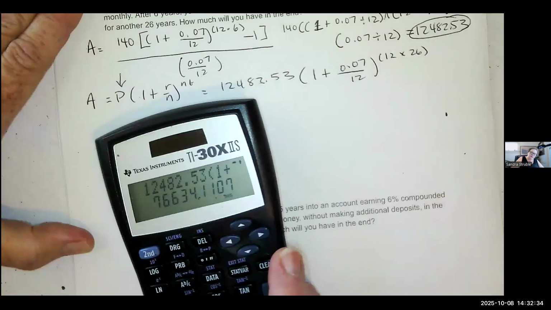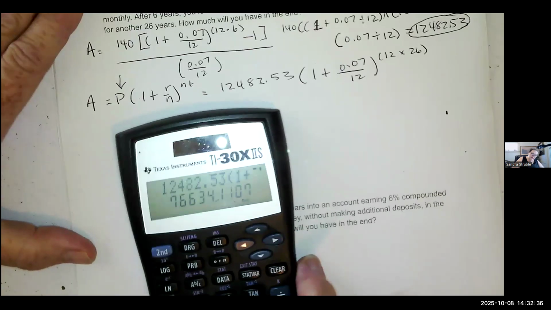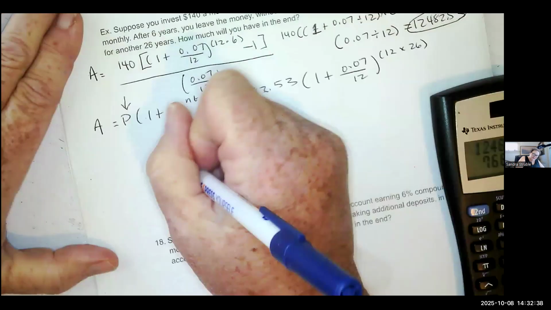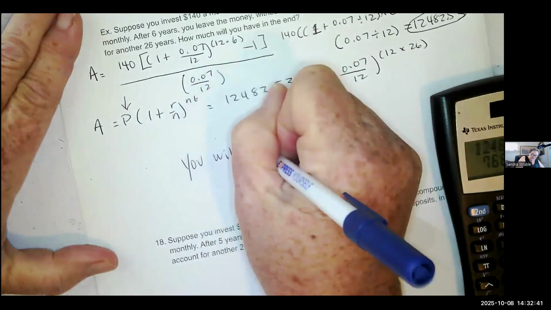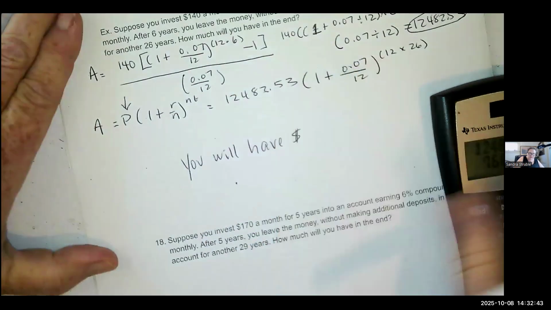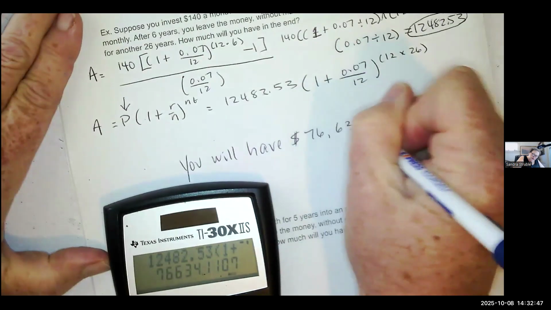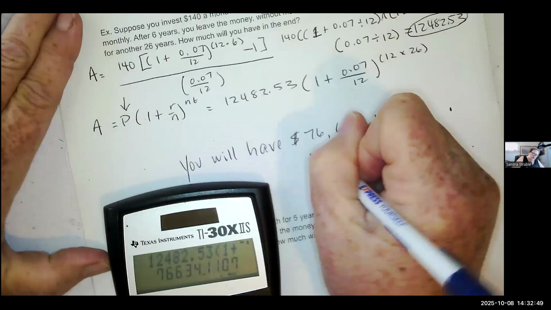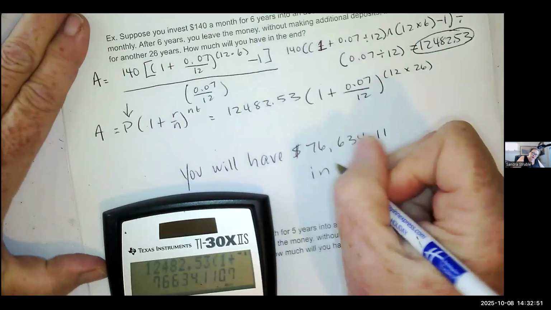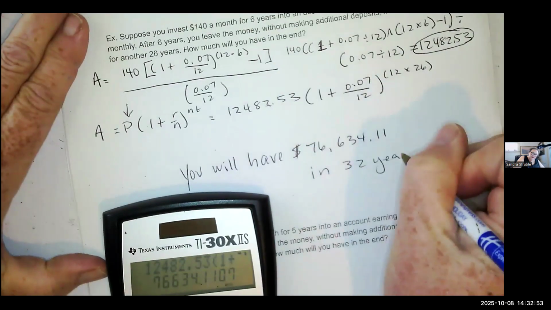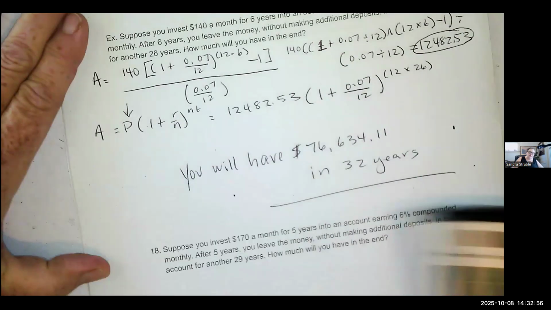So this is how much money you will have at the end. $76,634.11 in 32 years. That's the 6 plus the 26 added up.